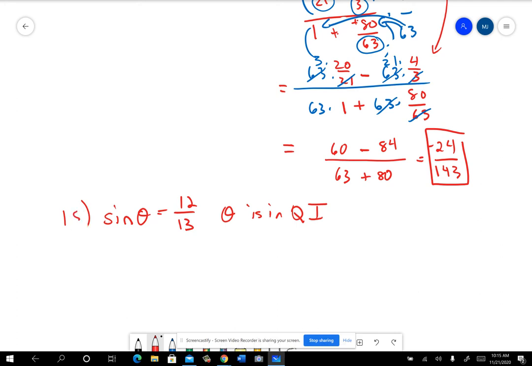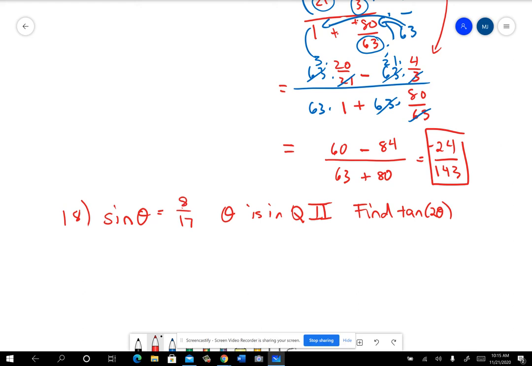I'll do 18. I want to do them both. That one had sine of theta being 8 over 17, and theta was in quadrant 2. And our job was to find tangent of 2 theta, not tangent squared theta. Make sure you see the difference between that. It's just tangent of twice the angle.